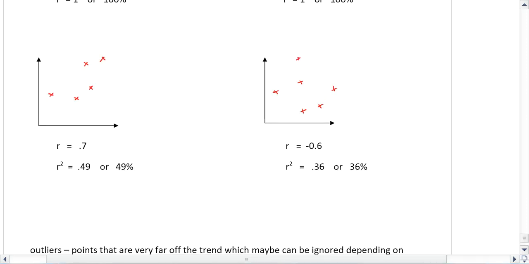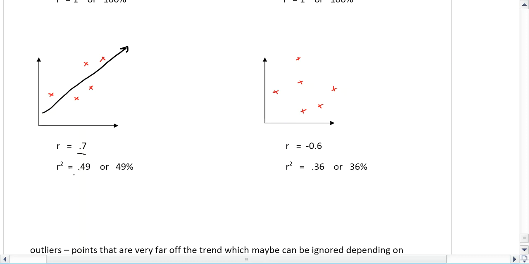All right, in this next example, I did my best to set up a set of data points that would have an R value of approximately 0.7. So here the regression line would come through here, and you can obviously see it's trending upward and it's in a linear fashion, but the data points are getting sort of far away from the line. Our accuracy of our predictions is going to go down.